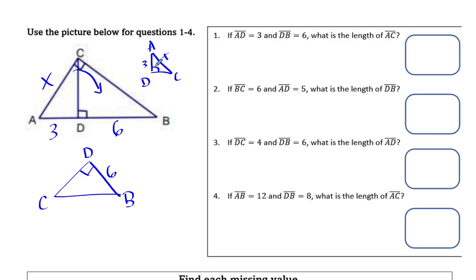Now I need to do what I just did. I'm going to imagine this reflecting up. So D jumps up to the top, A comes down to the bottom, C stays where it is, it just pivots. So AD is 3, AC is X. That is everything I know.